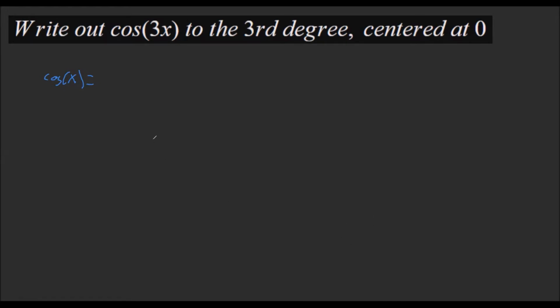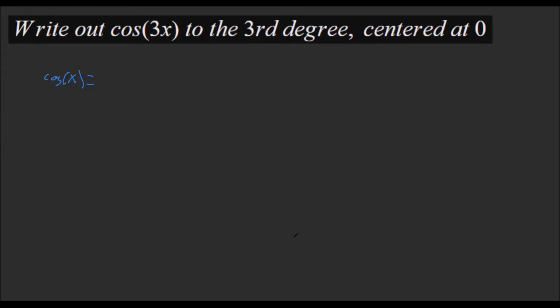So in order to find a series to the third degree, that means when x is to the power of 3, because we're not, of course, going to write out every term of this infinite series because it's infinite. We're going to have to approximate it. But in order to find a Maclaurin series from scratch, you're going to have to find a few derivatives of the function.